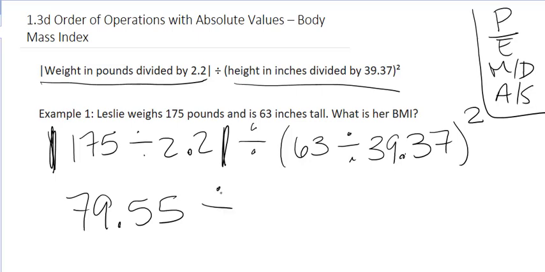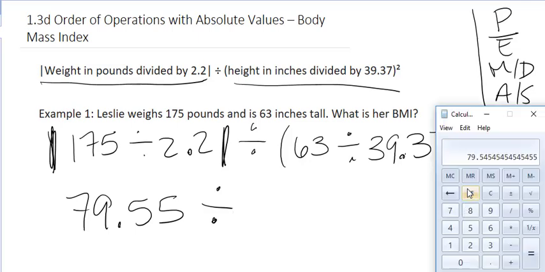And this number is then divided by 63 divided by 39.37. So let's do that. 63 divided by 39.37 is equal to 1.6, or we can do 1.60.